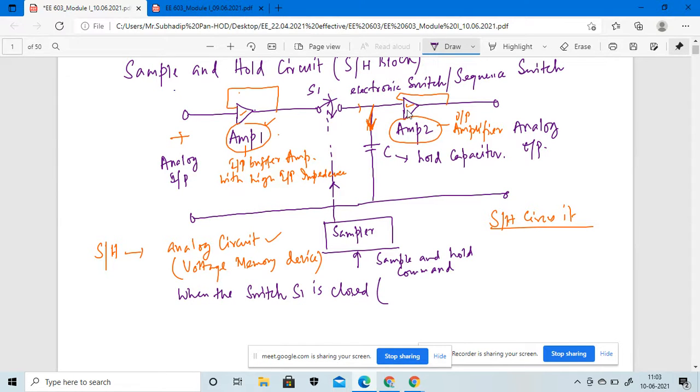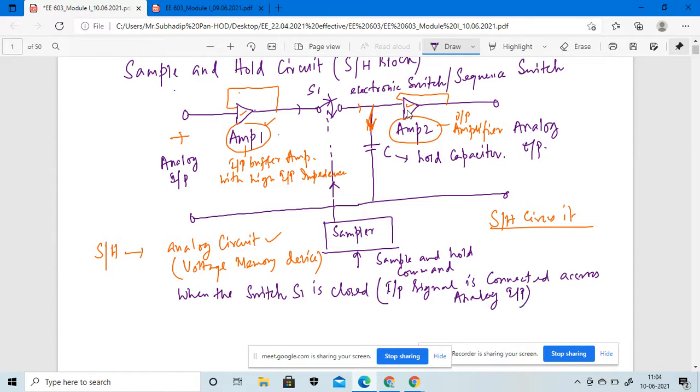That means the input channel, whatever channel is connected with the analog input, should be connected with this particular switch. So that will be the closed channel. Whenever the switch is closed, the input signal is connected across this analog input.